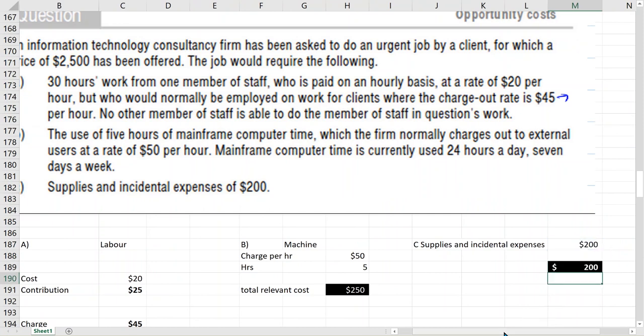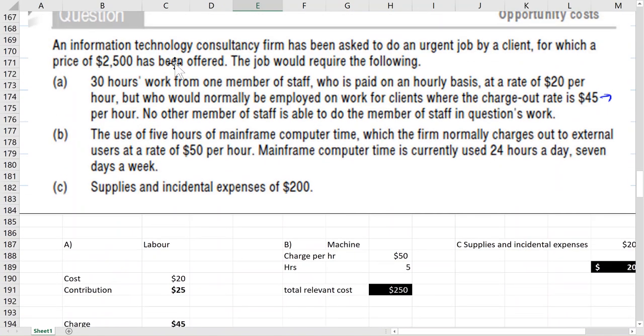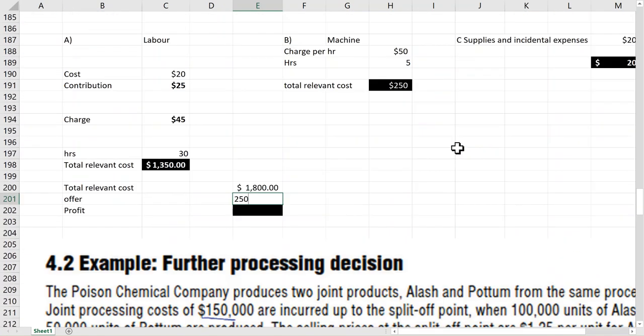So adding all of these together, the relevant cost of labor, machine, expenses is 1800, and we are offering 2500. The difference is 700. So this is the profit. This is not actually the profit, but I will call it relevant profit. But we call it profit in decision making.